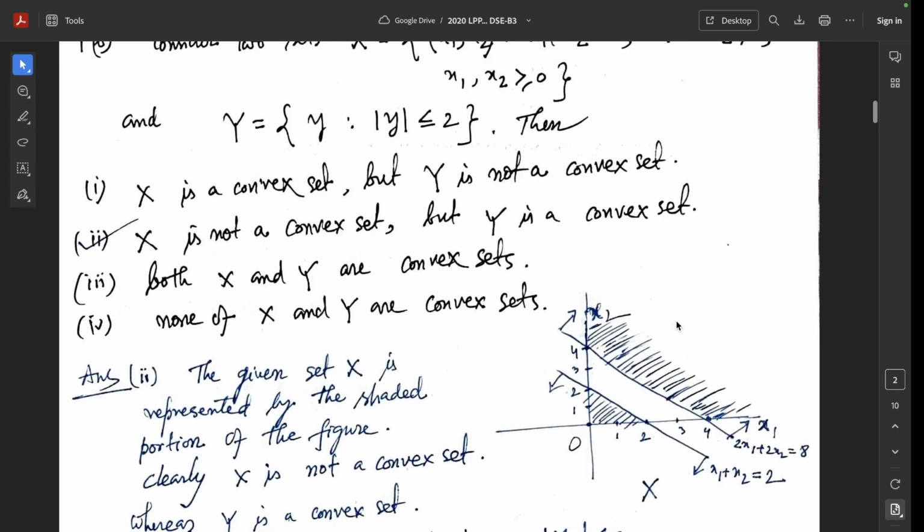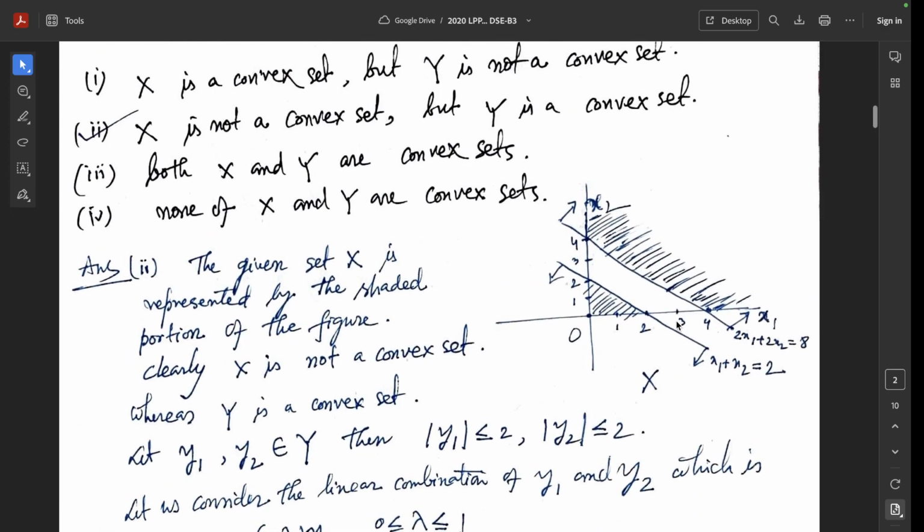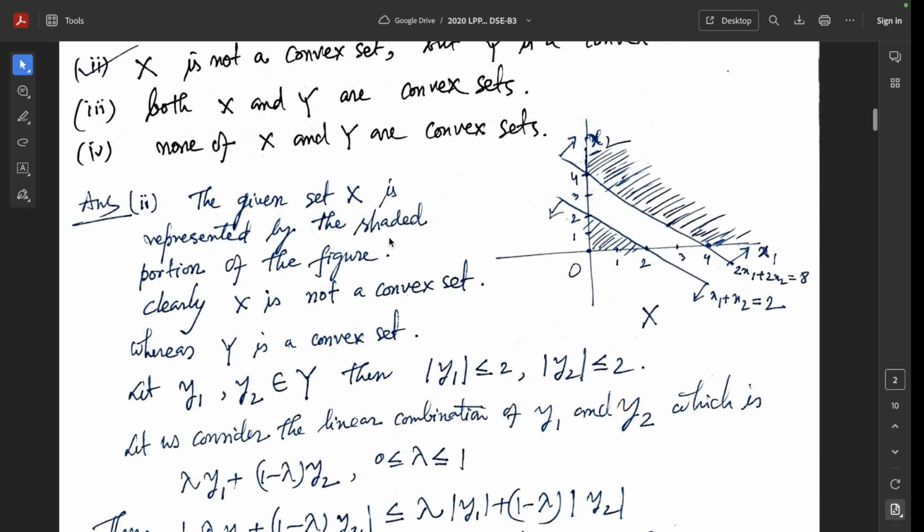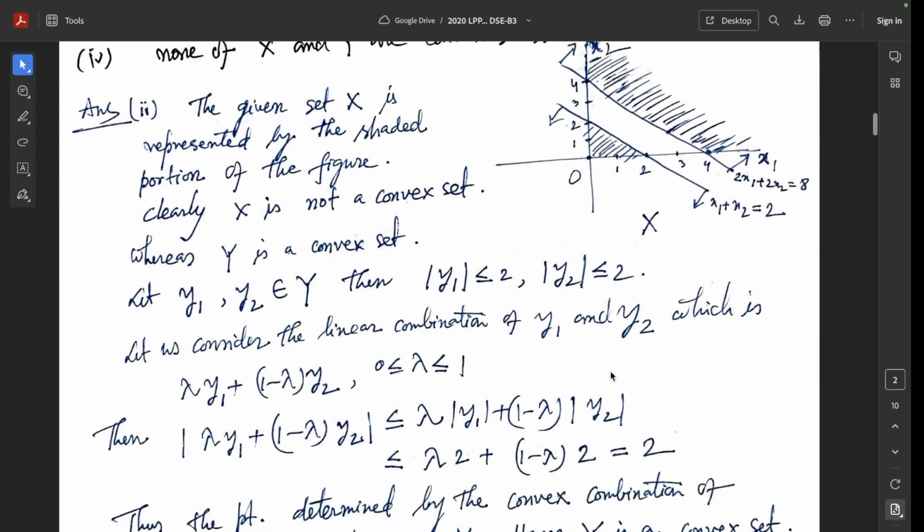Whereas capital Y is a convex set, because capital Y is mod of y less than or equal to 2. This means minus 2 less than or equal to y less than or equal to 2. If we choose y1 and y2 belonging to capital Y, then mod of y1 less than or equal to 2 and mod of y2 less than or equal to 2.